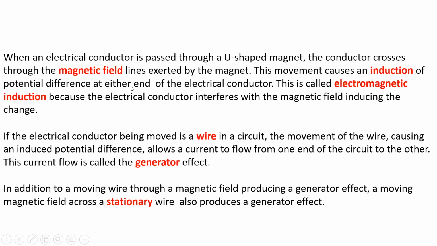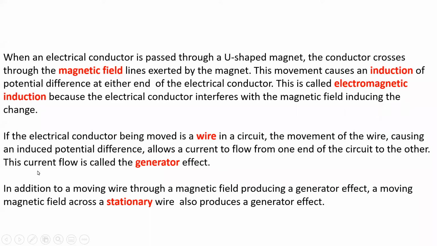This is called electromagnetic induction because the electrical conductor interferes with the magnetic field, inducing the change. The electrical conductor being moved is a wire in a circuit. The movement of the wire causing an induced potential difference allows the current to flow from one end of the circuit to the other. This current flow is called the generator effect.